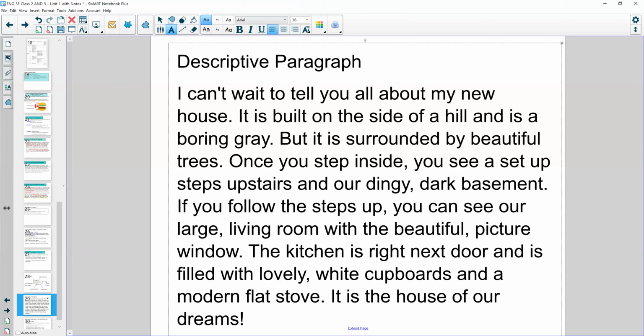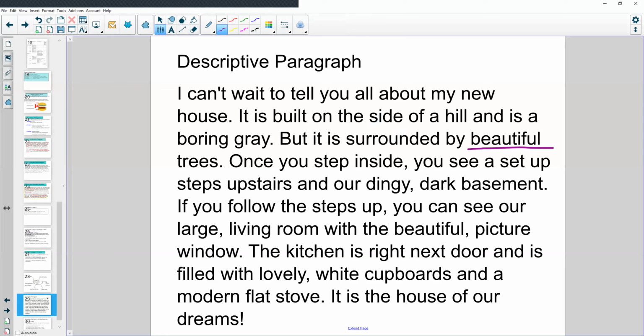If you want to use different words, for example, just looking at this right now, it's like, oh, wait, for some reason I used beautiful here and I used beautiful here. I probably wouldn't want to keep using the same word over and over again. That feels a little bit boring. So here are my beautiful trees, and beautiful here.